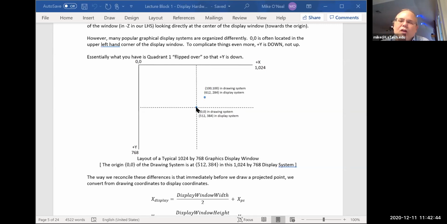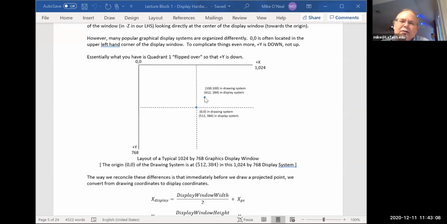So if I go over 100 and up 100 in our drawing system, that would bring me to 100, 100 in the drawing system. What is 100, 100 in the display system? Well, 100 plus 512 will give me 612, so that's the X, right?